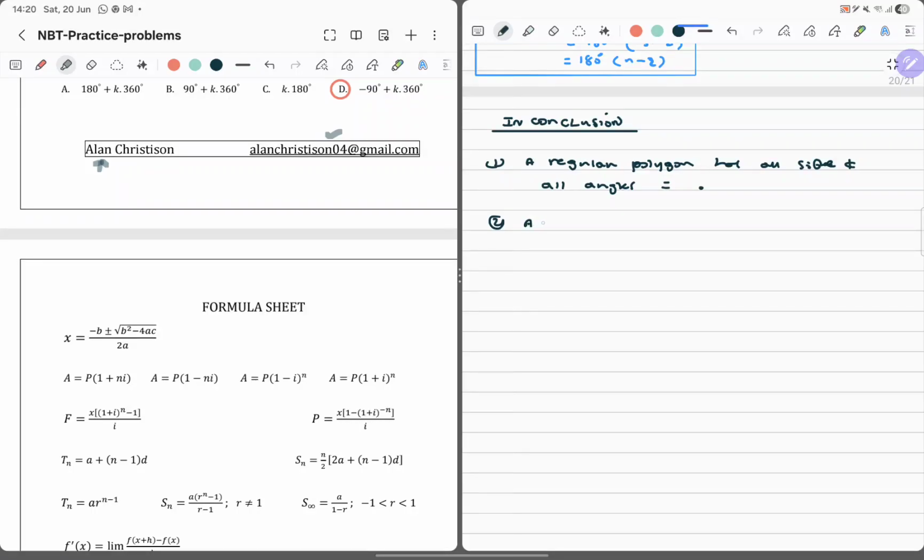That's number 1. Number 2, a regular polygon has a circumscribed circle. Or simply put, it is inscribed in a circle.